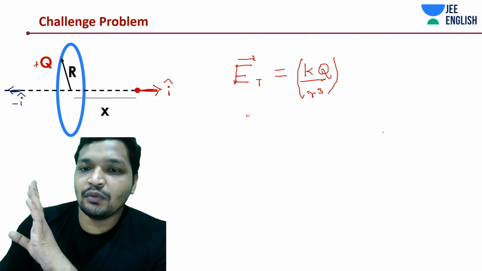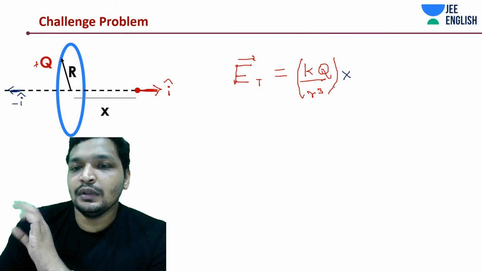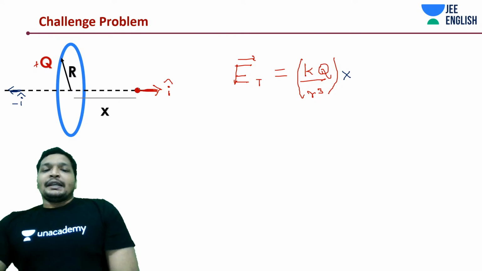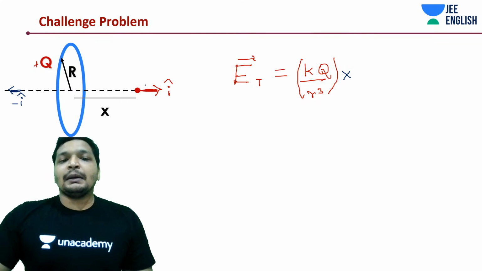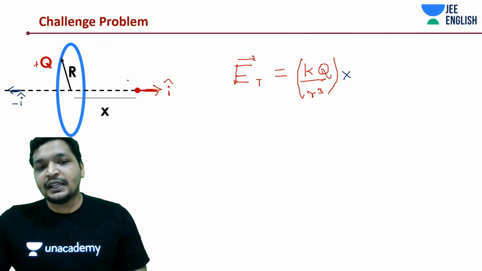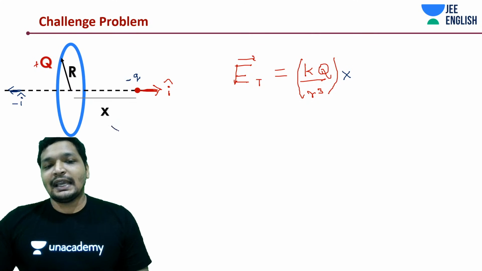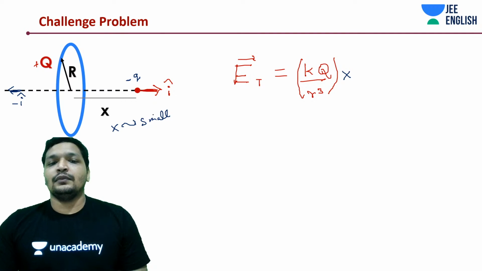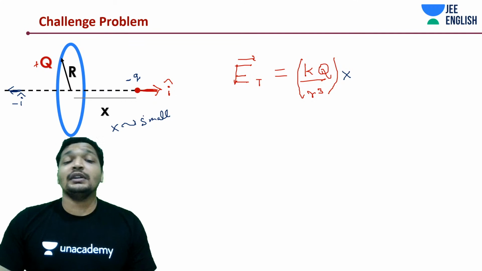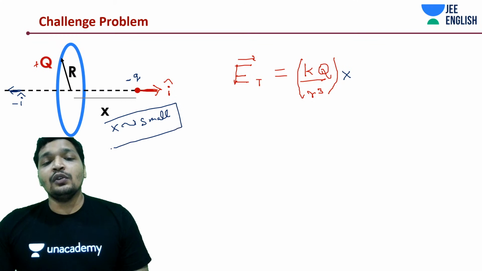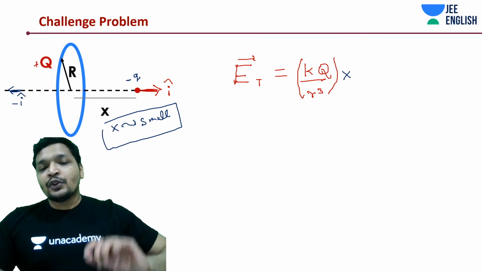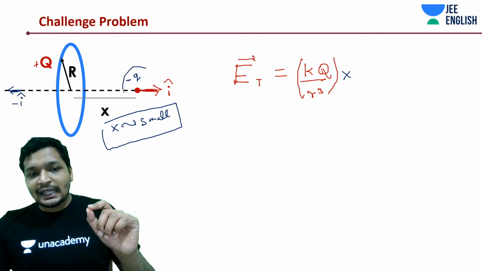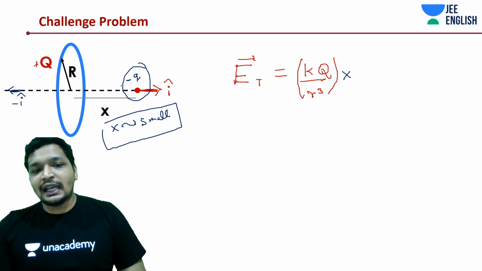Let's understand why. Let's say I haven't placed a positive charge over here. I have placed a negative charge over here, and this x is small. It can also be a large one, but say x is small. Now what I'm doing is taking this negative charge and slightly displacing it from rest.